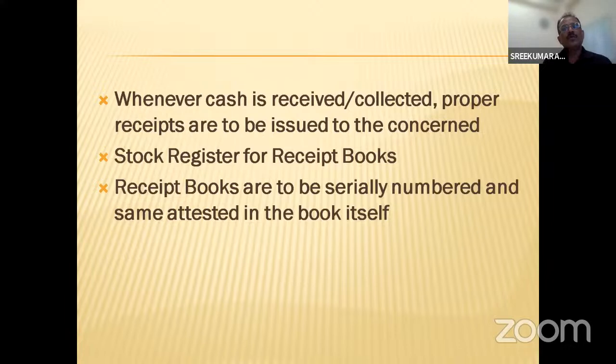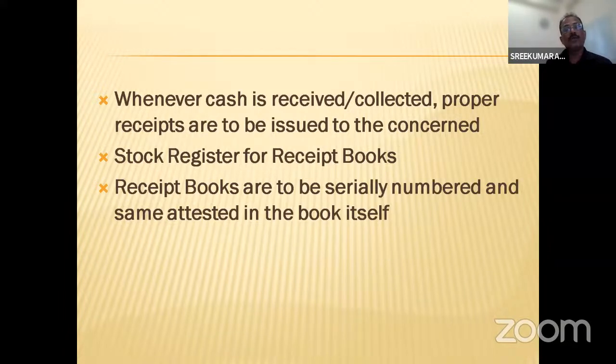Whenever cash is received or collected, proper receipts are to be issued to the concerned. Whenever we get money from an outsider by way of sale of anything, even for training, farmers may come for training, students may come for training, or guest house occupation also, whenever you get that cash, you have to immediately issue a receipt.